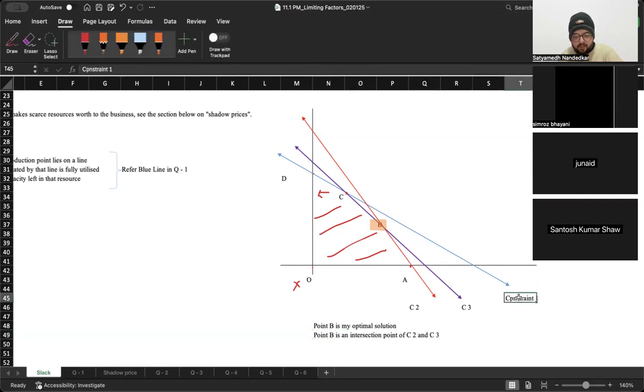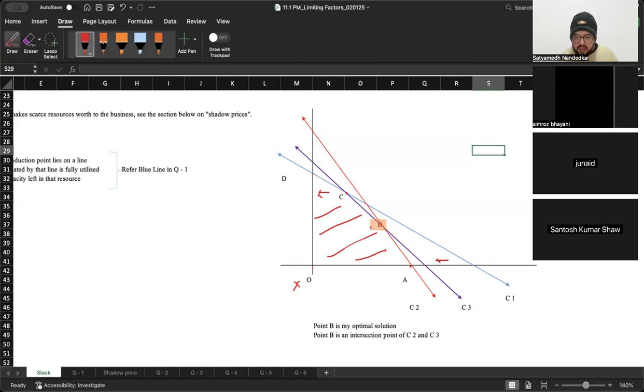This is C1. अब ये जो point B है, this is at the intersection of C2 and C3. Okay, and it is very much in our feasible region. Why? See, we had a less than or equal to constraint. मतलब answer was supposed to lie on the left hand side of this line. अब ये point B lies on the left hand side of this line, so we are okay. इसमें we don't have any problem.